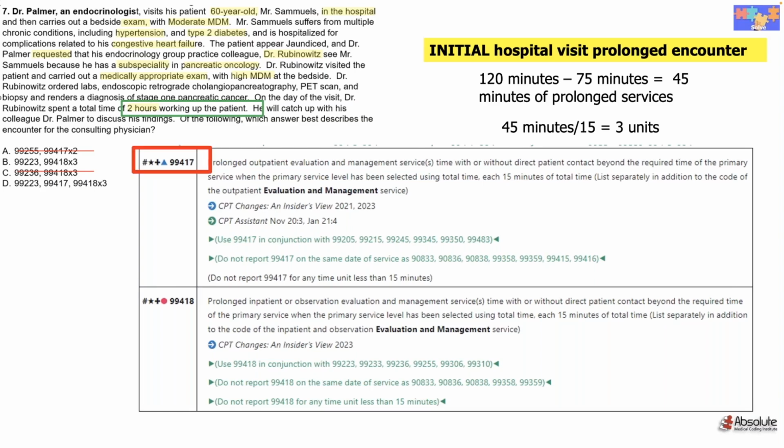And 99417 is not codable because that's the outpatient prolonged service code, and D is coding for that. So D is coding for outpatient prolonged services, and this patient is in the hospital, so we are going to get rid of D. And 99418, 15 minutes of total time, we will code 3 units of 99418. And our answer is B. You all rocked this.